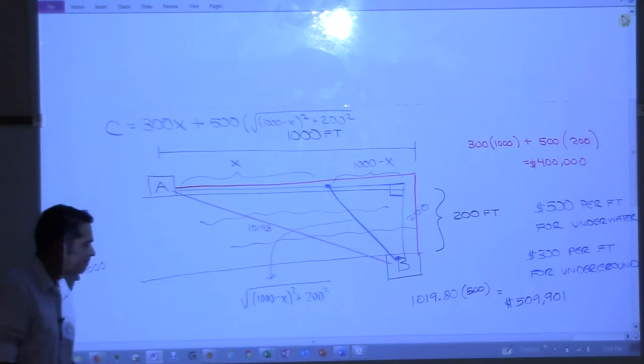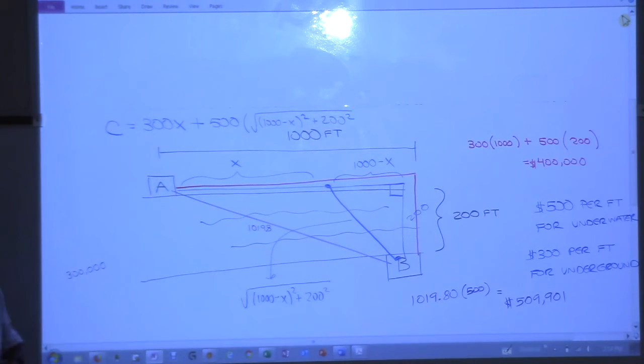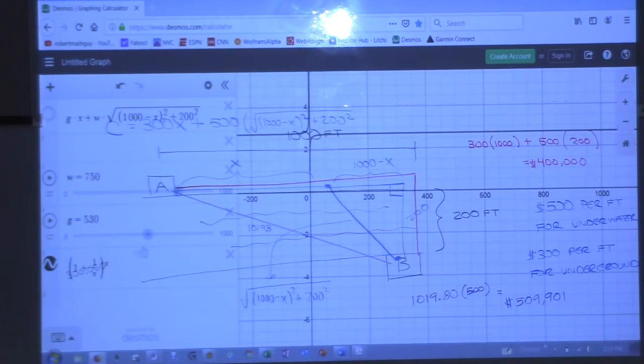So, what if we graph that function? Let's graph it. And I need to change my window here.